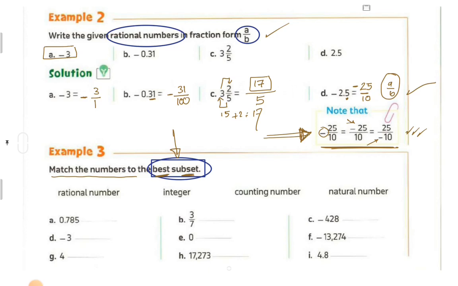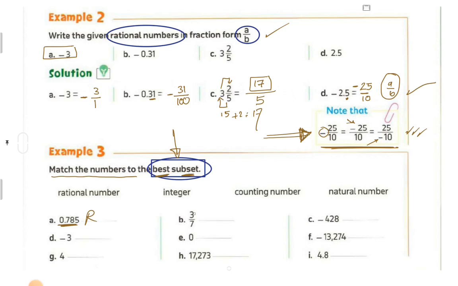What is the set of this? Is it rational or integer or counting or natural? Note that this is a decimal number. A decimal number in natural? No. Counting? No. Integer? No. That's a rational number.